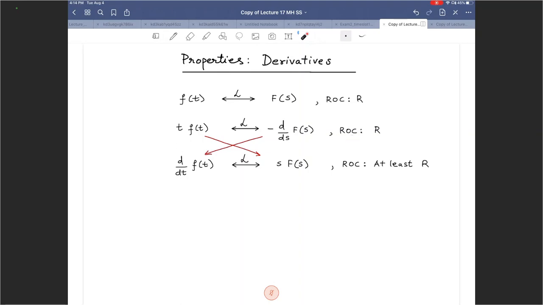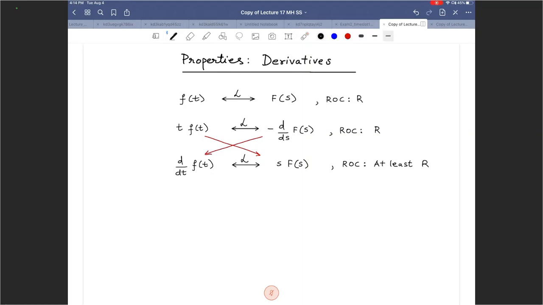However, if you were to differentiate the signal in the time domain, that would correspond to multiplying the Laplace function with s. So it becomes s times F of s. And the region of convergence here is at least cap R. So it could be more than that, but it is going to be at least R. And this statement can quickly be verified by considering the region of convergence of u of t and the region of convergence for an impulse function.